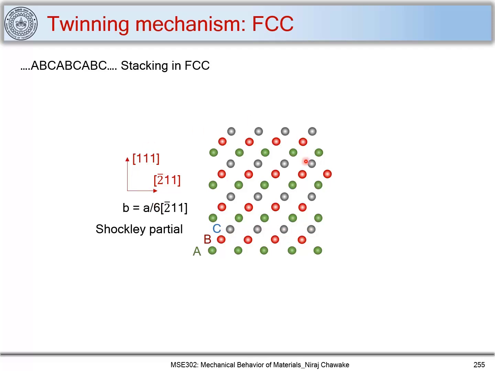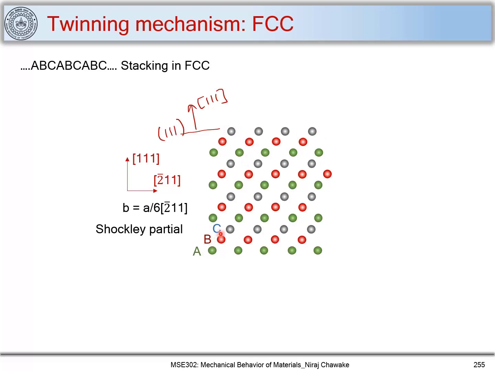And this is a 2D picture where this direction is [bar 2 1 1], and this direction is [1 1 1]. So what will be these planes? If this is my [1 1 1] direction, then all these horizontal planes will be {1 1 1} planes.